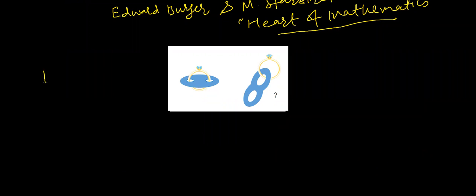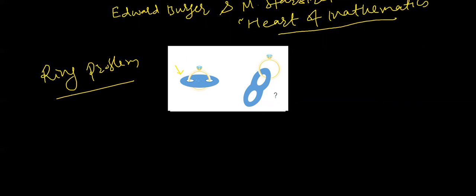Let me give you the description of it and then talk about it. Imagine you have, let's call it, a paper napkin with two holes and a ring is passing through it.